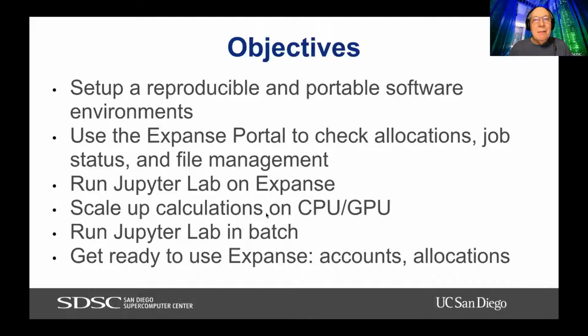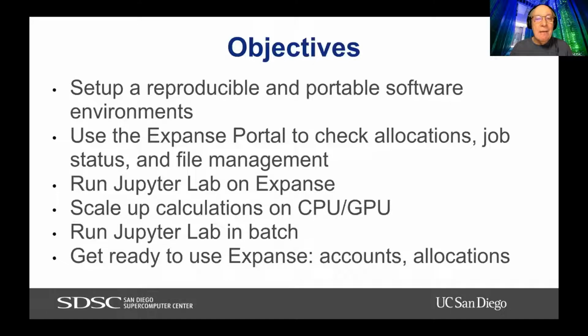So here are some of the objectives for today. I will show you how to set up a reproducible and portable software environment. And then we'll go to the Expanse web portal where you can check allocations, job status, file management, and you also can get a terminal window there. So actually the entire session from today, I will run through a web browser. Then I'll show you how to run JupyterLab on Expanse.